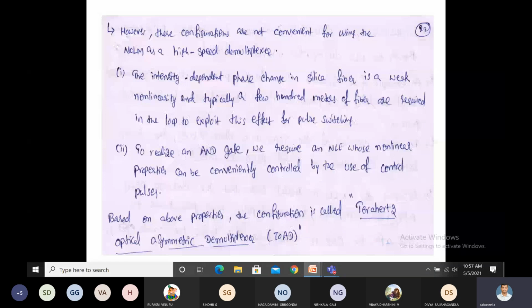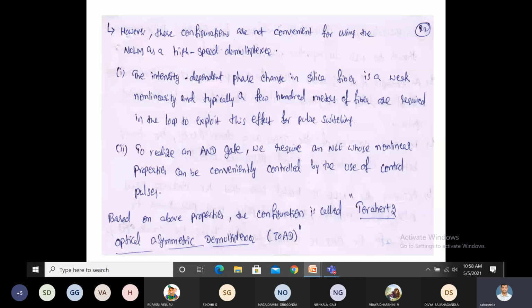That is about the first order. The intensity dependent phase change in silica fiber is a weak non-linearity, and a few hundred meters of fiber are required in the loop to exploit the effect for pulse switching.